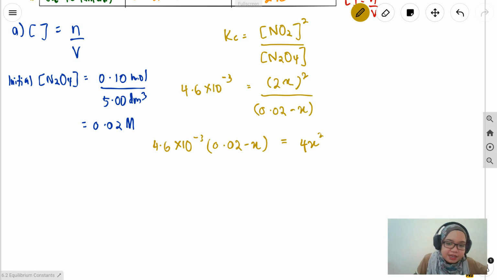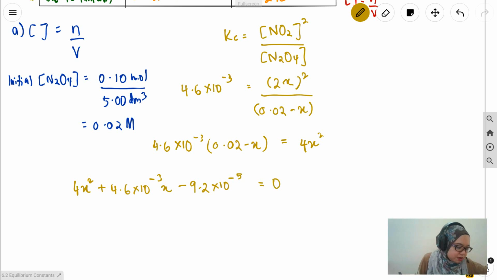So you will get 4x squared plus 4.6 times 10 to the power of negative 3 x minus 9.2 times 10 to the power of negative 5 equals 0.